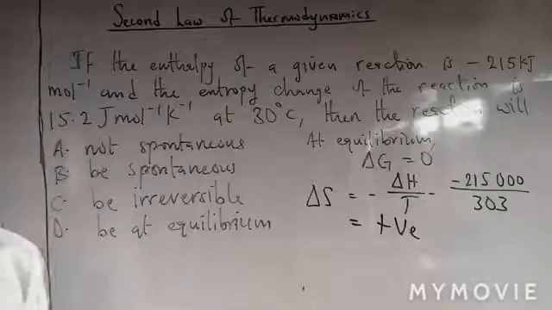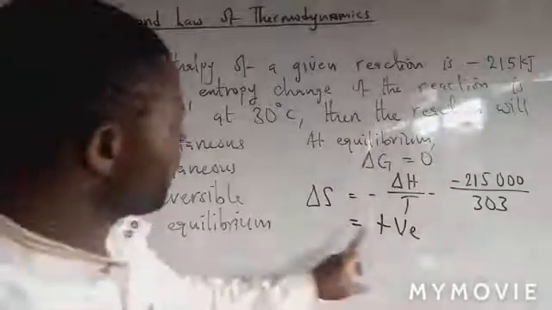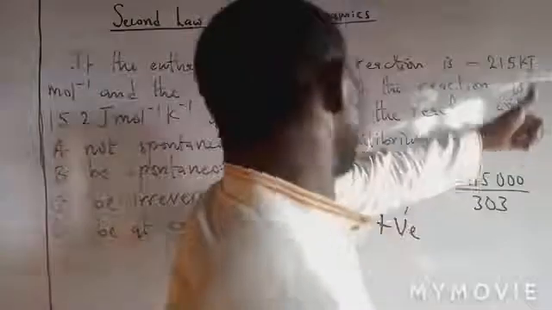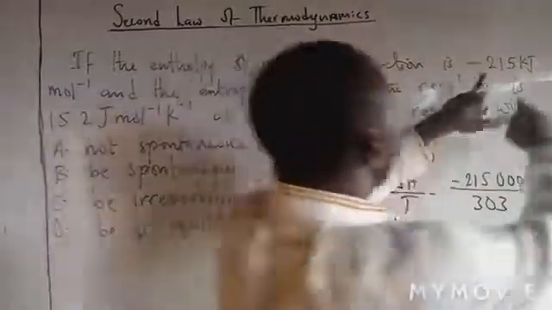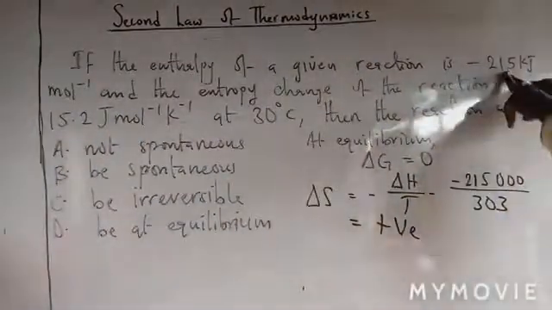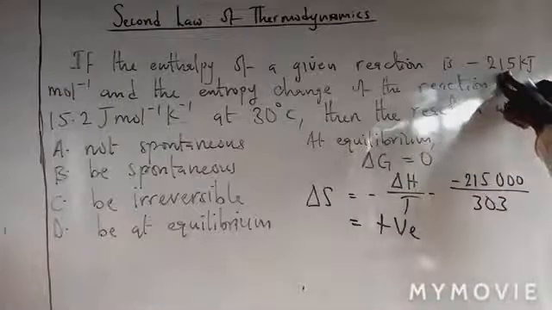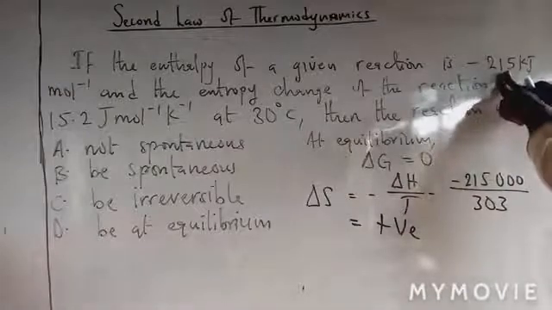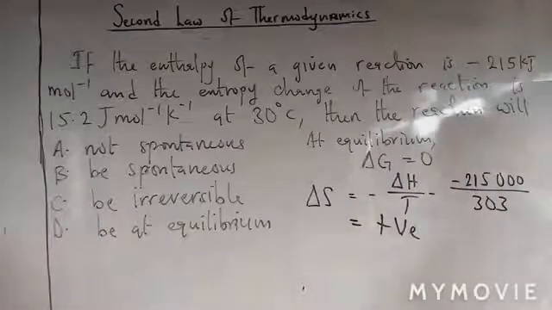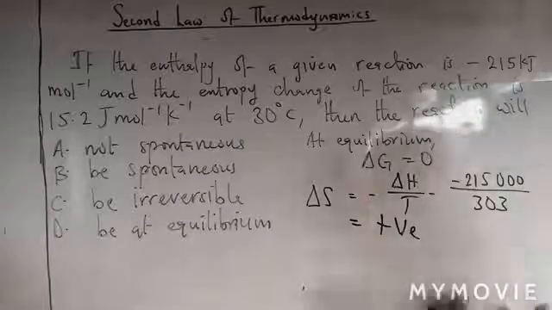Is spontaneous. And if my entropy is positive, then my enthalpy must be negative. So in this question now, the enthalpy here is negative. Since the enthalpy given to me is negative, then my reaction is spontaneous. But I can confirm further.